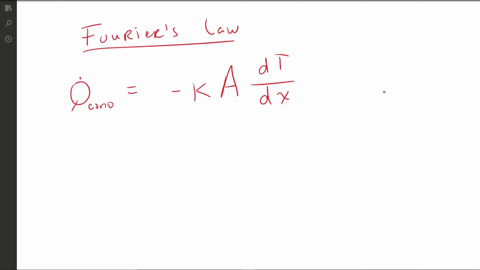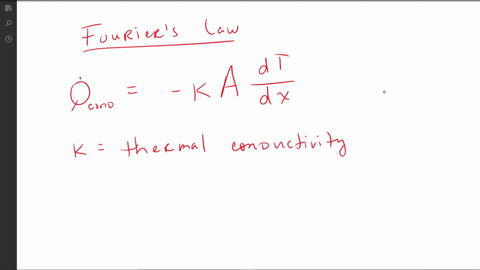All right, so what are these? K is the thermal conductivity, and that's usually given in watts per meter-Kelvin, or watts per meter-Celsius. We could use that.